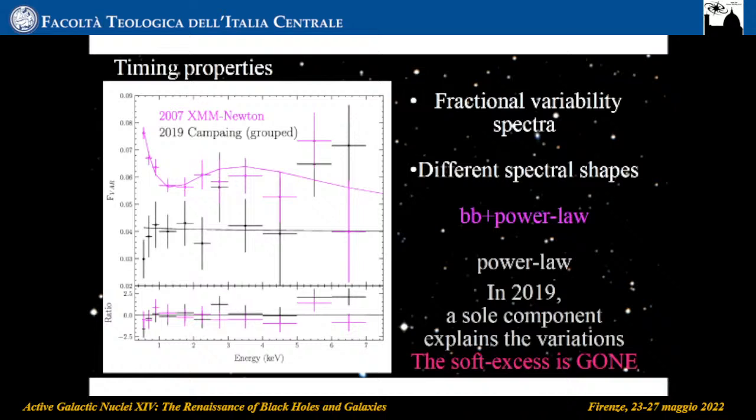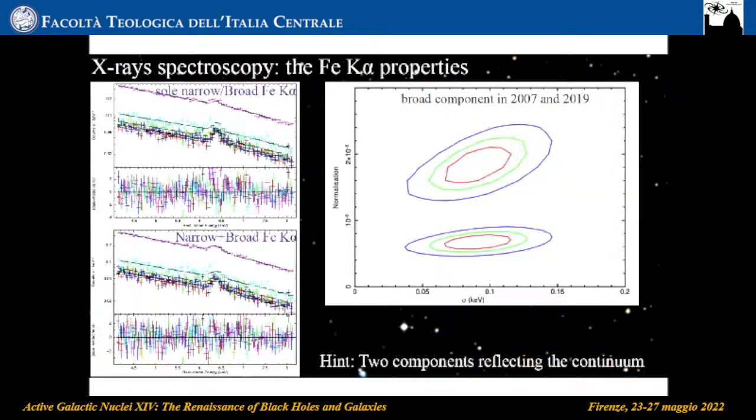And in 2007, we obtained that two components were needed to account for the variability process that was occurring there. On the other hand, in 2019, a single power law was enough to account for the whole variability of this object. So we don't have a soft excess anymore. We started with two components, and now we got just a single power law.